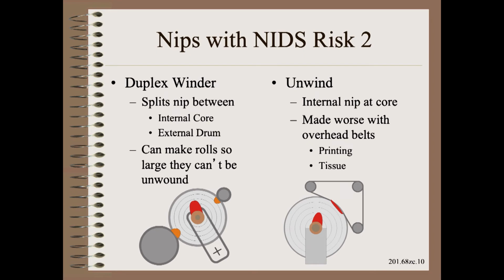These risky nips include at least one and possibly three nips on duplex winders and one or two nips on unwinds. The reader who is not familiar with winding may be quite surprised by me labeling nips at the bottom of a wound roll. However, those familiar with mechanics will know that the Hertzian contact stresses are identical for a core bearing the weight of a roll on the inside as they are on the outside due to a drum or layon roller.